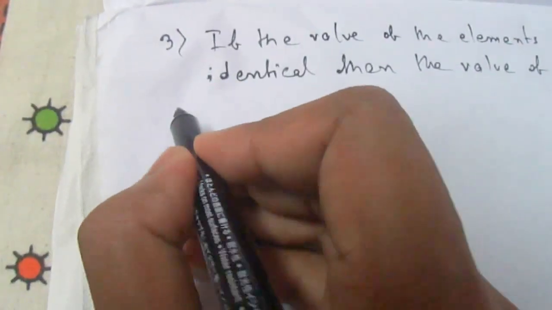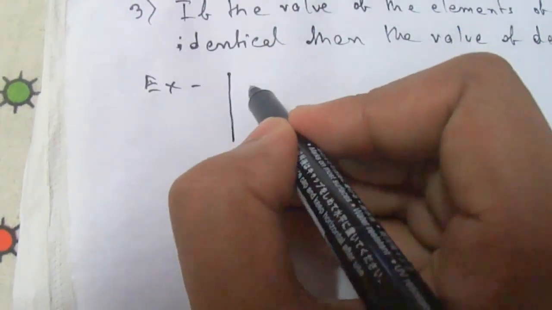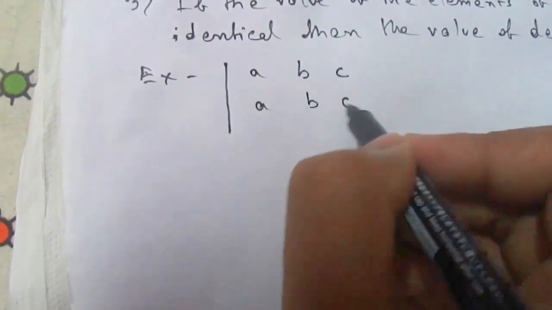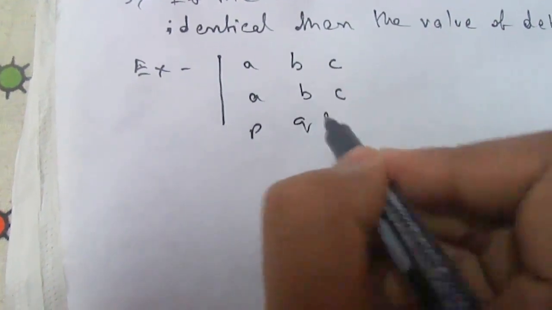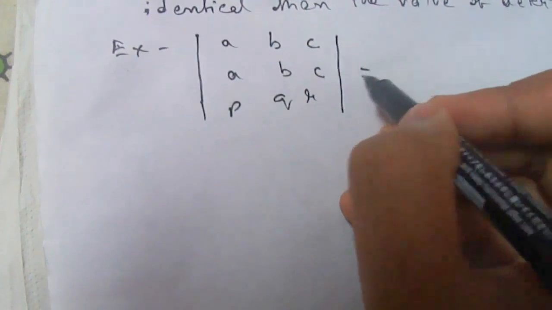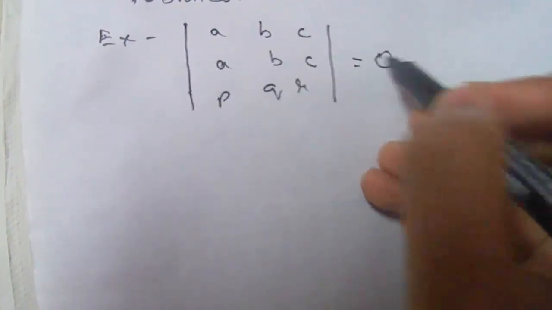So let me show an example. Suppose we have a determinant with rows a, b, c, p, q, r, and the same row p, q, r again. Since the two rows are the same, the value of the determinant will always be 0.